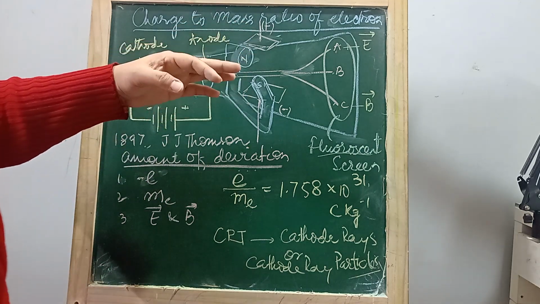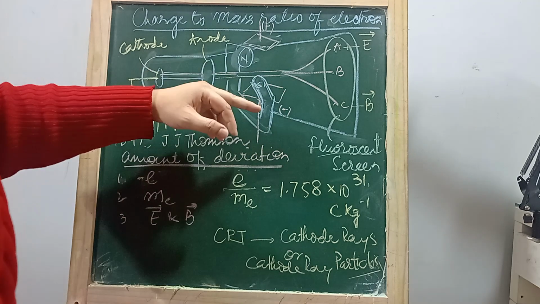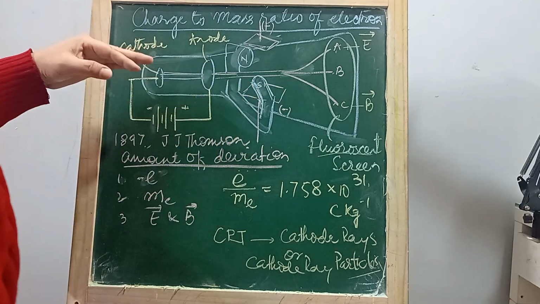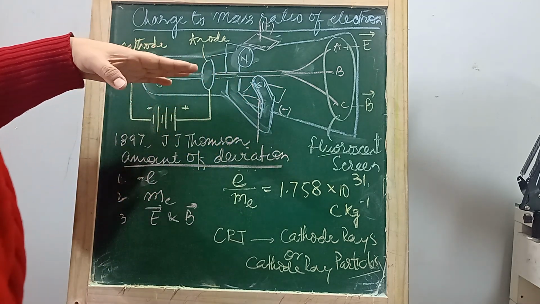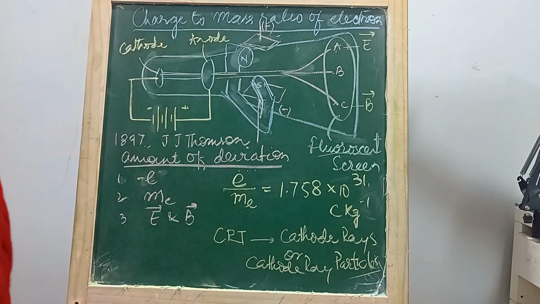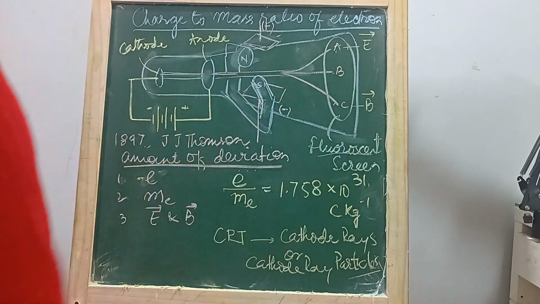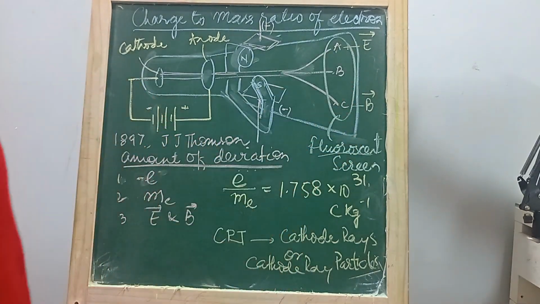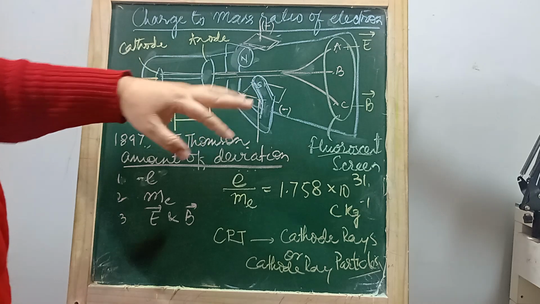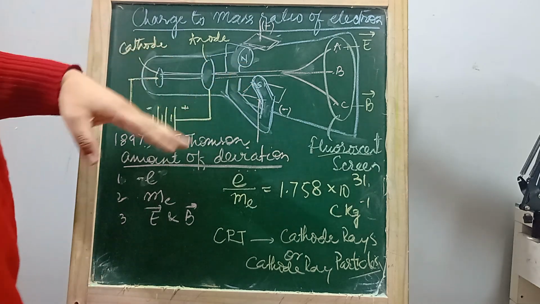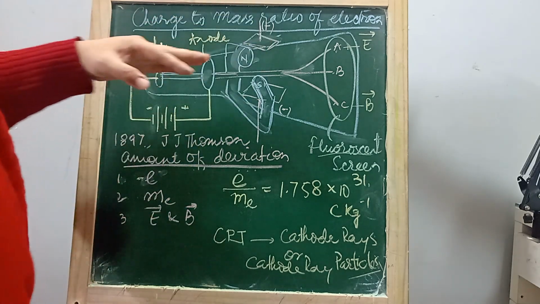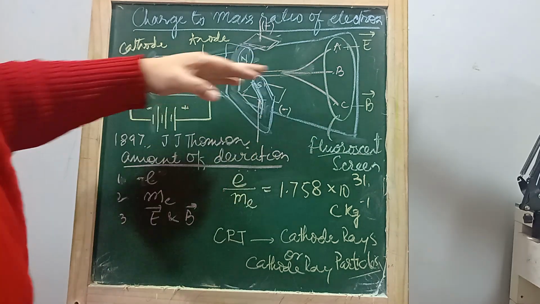And when the magnetic field is turned on, when we place the magnet and the cathode rays pass through the magnetic field, they deviate towards C. So A and C are the points when the electric field or magnetic field is applied, and there is a deviation of the cathode rays from their normal path, which is B.